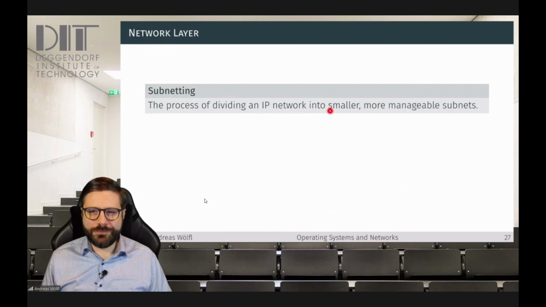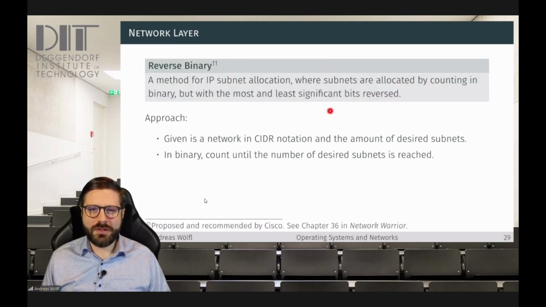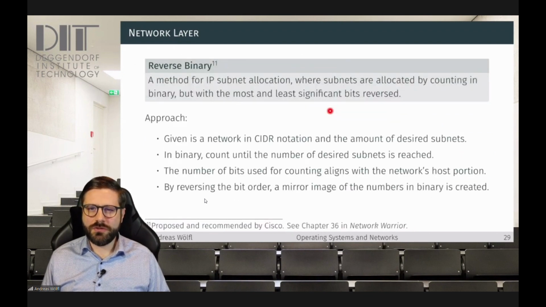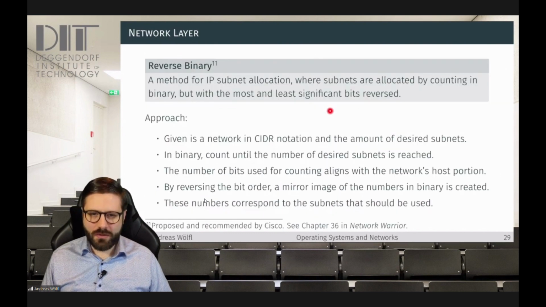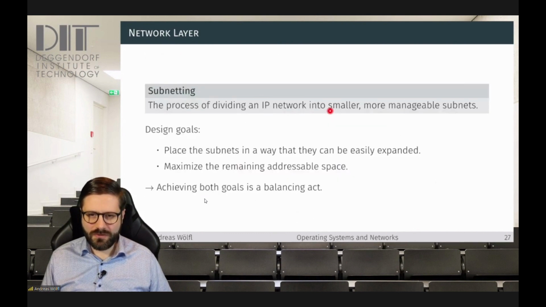Okay. And then we talked about a method to design a subnet allocation. Given a larger network, how can you place your subnets in it in order to satisfy two design goals: placing the subnets in a way that they can easily be expanded, and maximizing the remaining addressing space.